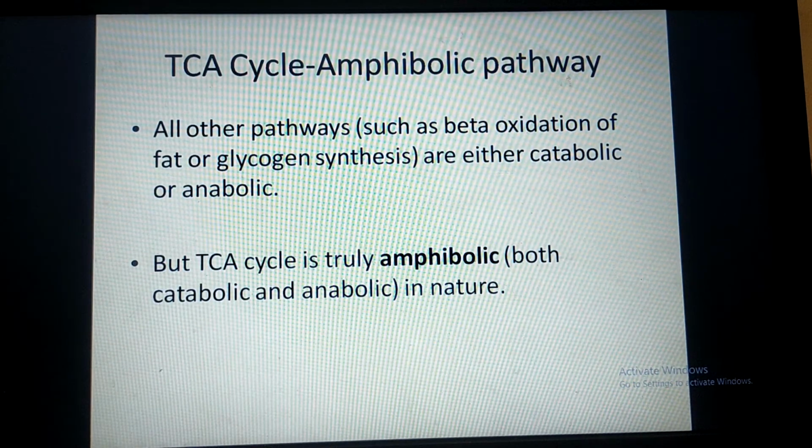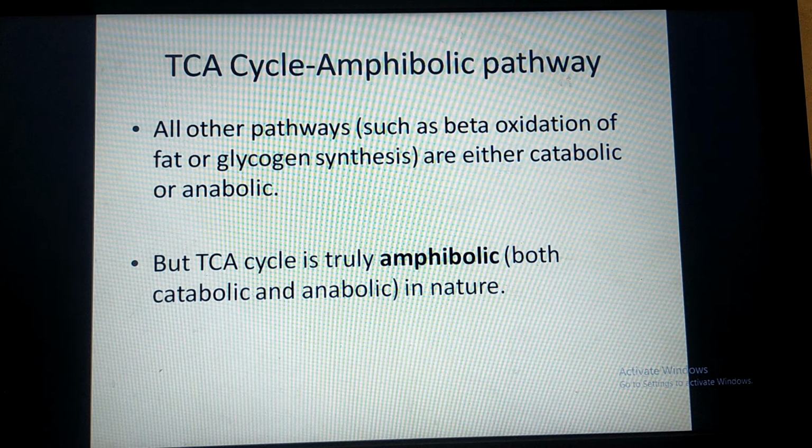Now we will see the amphibolic nature of TCA cycle. In metabolism, up till now we have studied various pathways, and we found that some pathways are catabolic and some pathways are anabolic. But TCA cycle is both catabolic as well as anabolic.